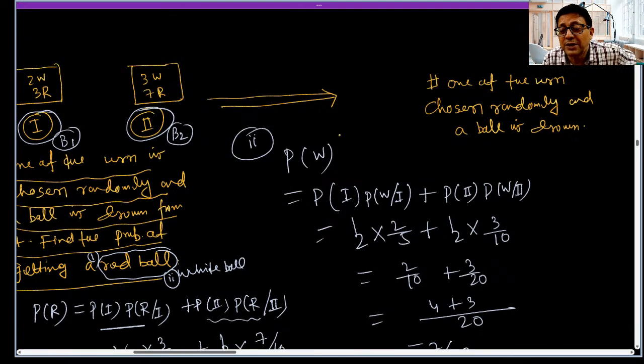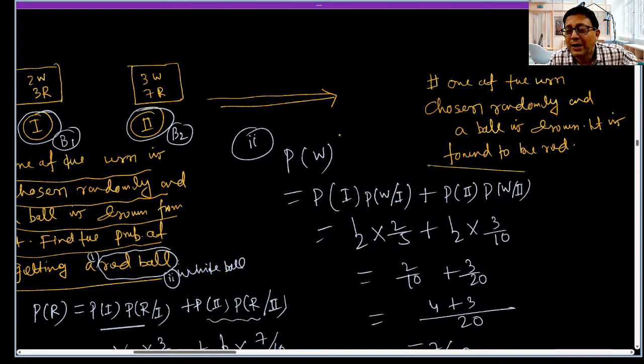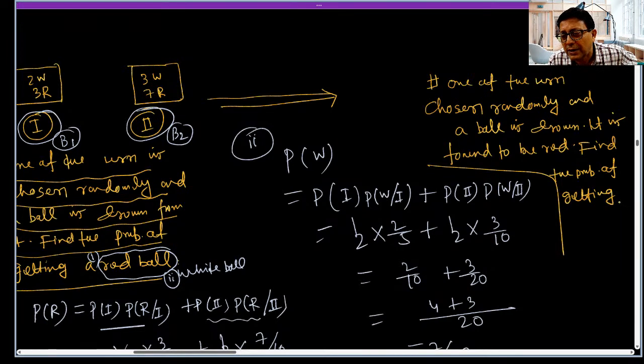Now see the statement. One of the urns is chosen randomly and a ball is drawn. It is found to be red. Find the probability of getting it from the first urn.